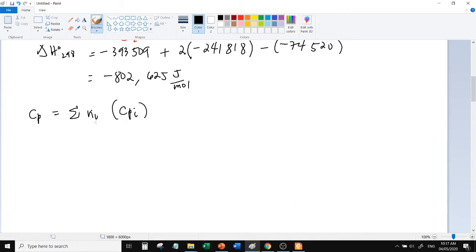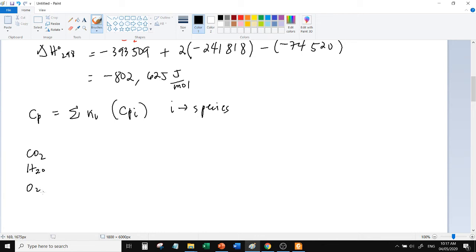So, I would refer to the species. The best way to do this is to make a table. Okay, so, let's list down yung mga species sa product.